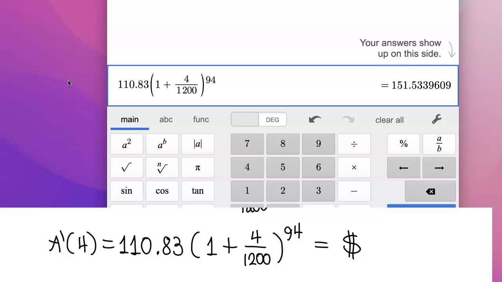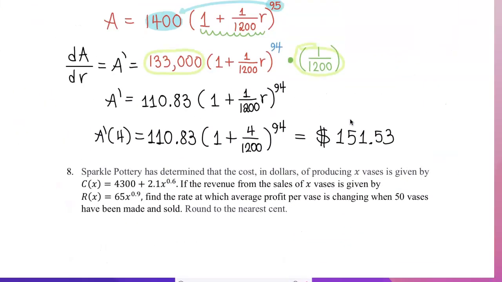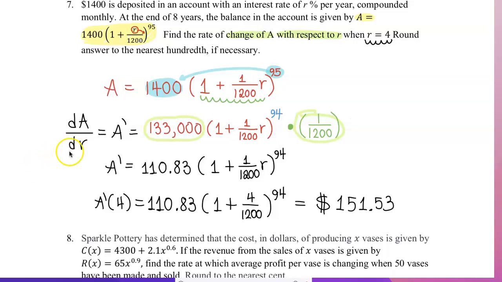So the answer is 151.53. So $151.53 per, and usually it's per year, but in this problem, you see what's in the bottom of the fraction? Per rate, so this is per percentage, per 1%.